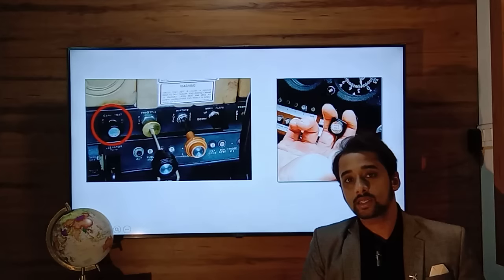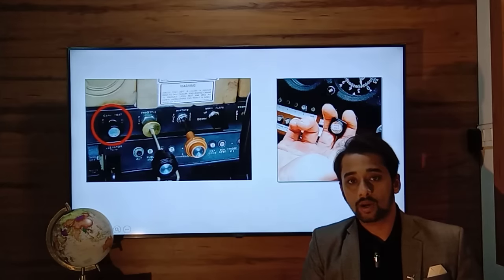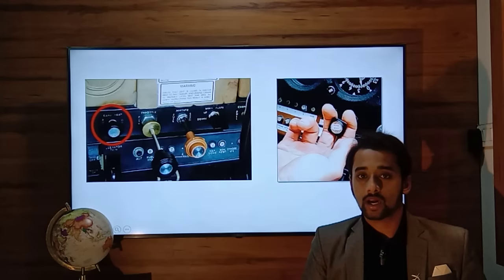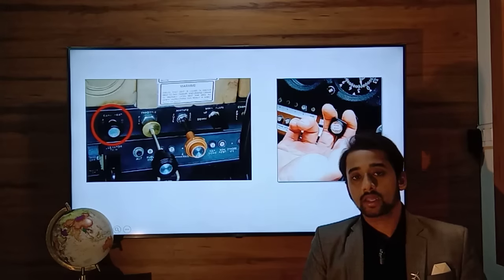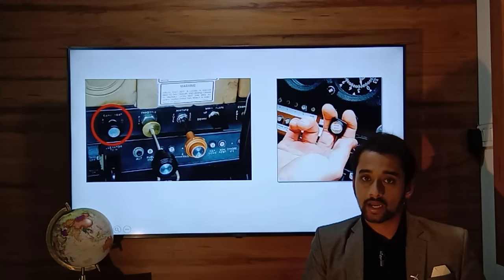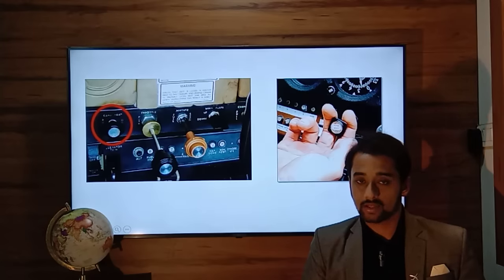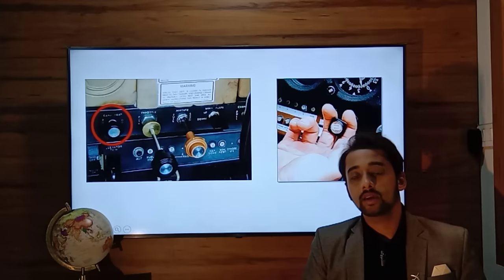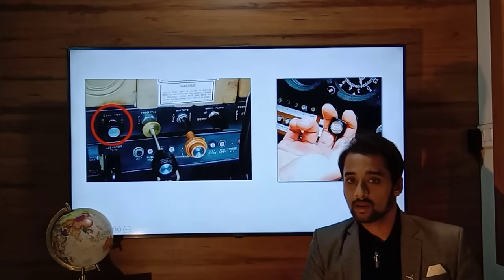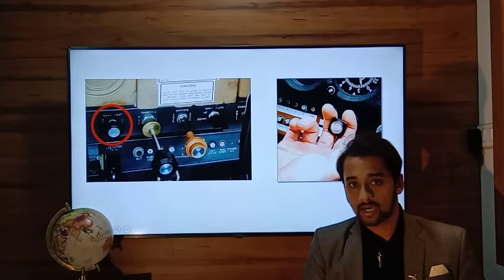Now carburetor heat is usually used when you descend from high altitudes to lower altitudes. So when you use carburetor heat, what happens? The air that is coming from the outside atmosphere into the carburetor area and then the engine will be heated, and this heated air will be mixed with fuel, and this fuel air mixture will enter the engine cylinder.